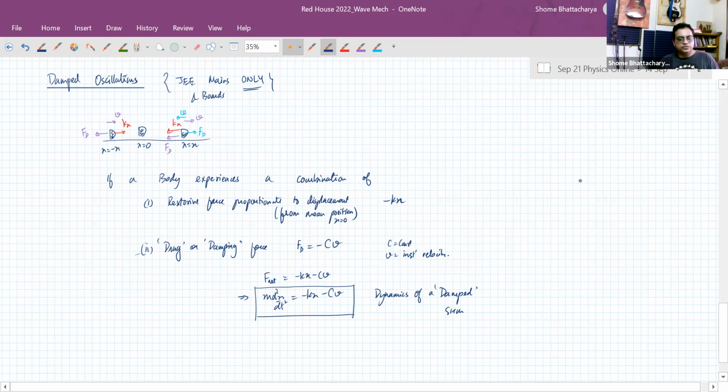So the physical situation would be something like this. We have a spring mass system on a smooth surface, but inside a tank which has some viscous fluid.